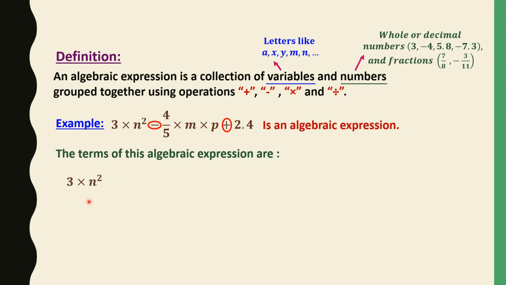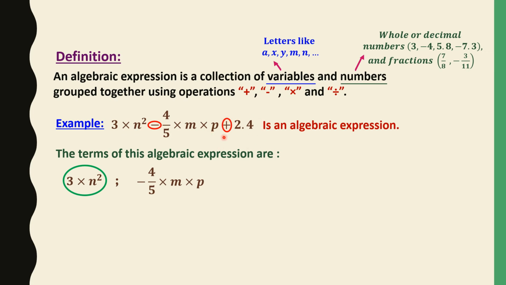This is the first term of this algebraic expression. The second term is this one here. But we shouldn't forget to also copy the minus sign, because in fact it's negative 4 over 5. Here it was positive 3, so we don't have to write plus. So the second term is negative 4 over 5 times m times p.